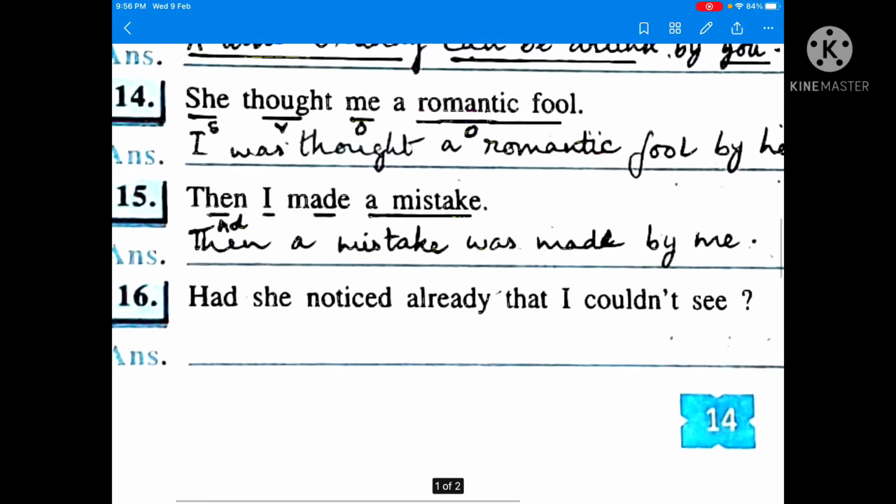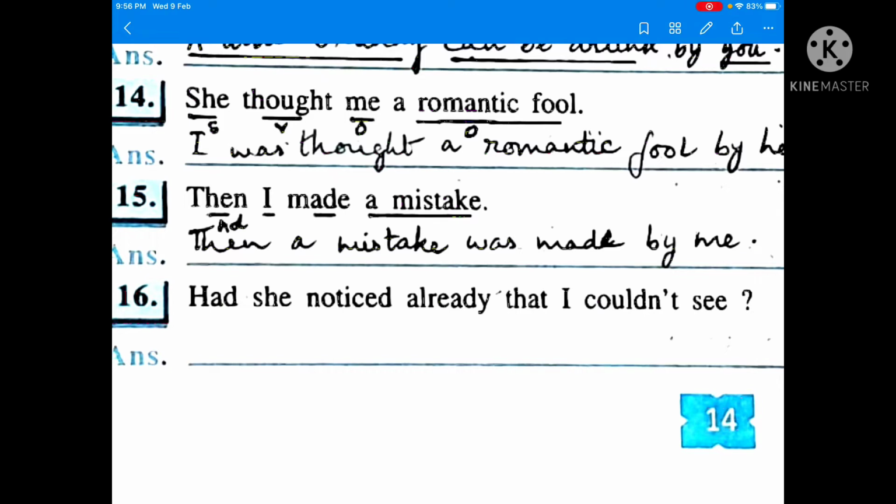Then I made a mistake. Then, adverb, I, subject, made, verb, a mistake, object. Then remains as it is. I can place then in the front or at the back.